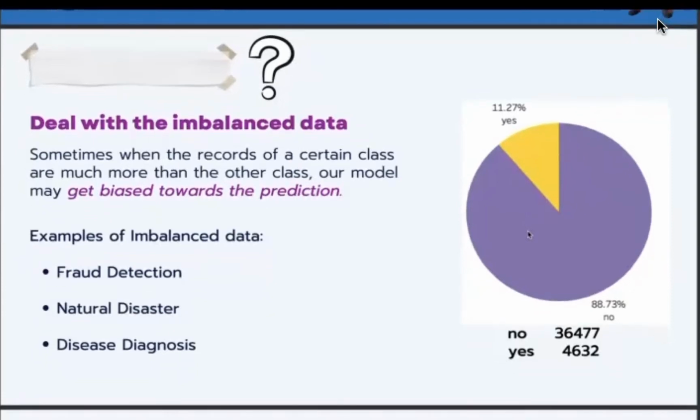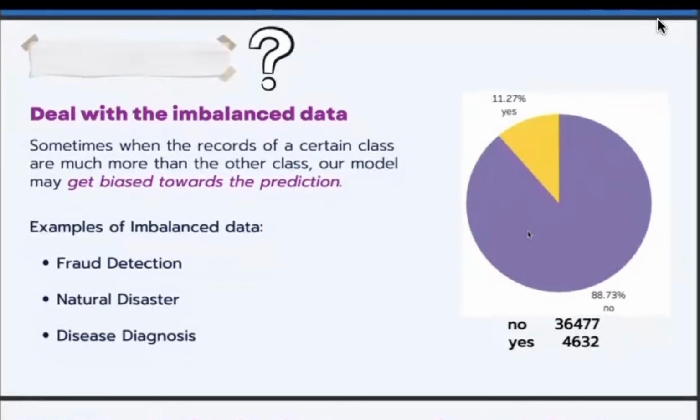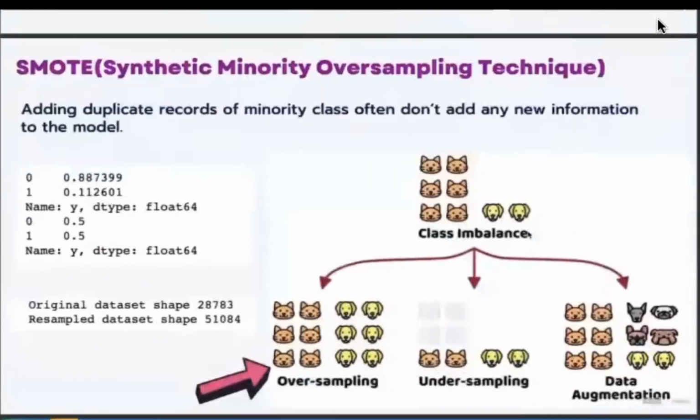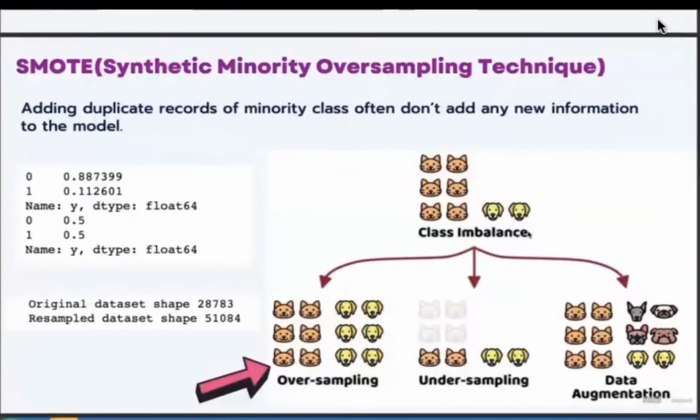So we use a technique called SMOTE to make the imbalanced data balanced. If we explain it in simple words, SMOTE can add duplicate records of the minority class, but does not add any new information to the model.